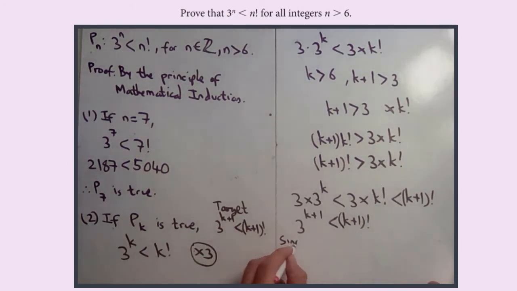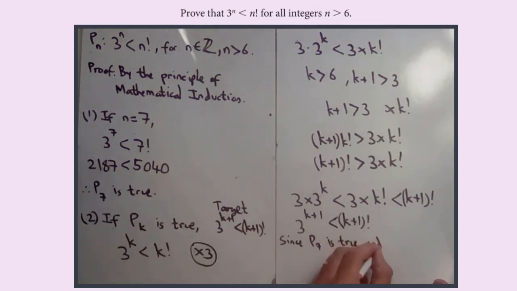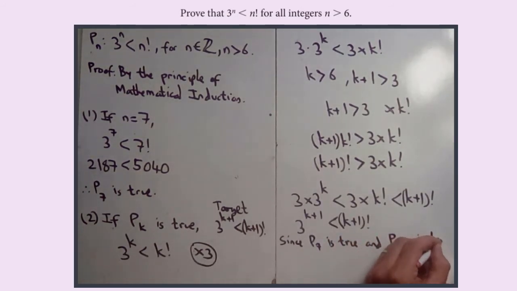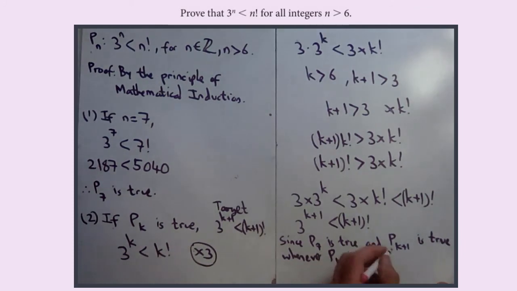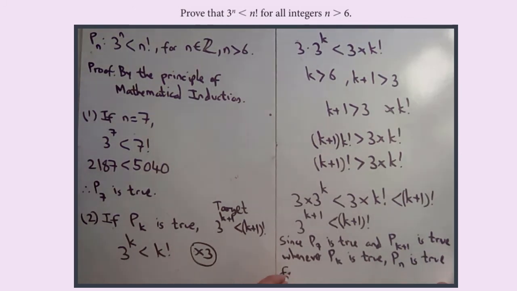So since P7 is true, as was shown in step 1, and Pk plus 1 is true whenever Pk is true, since those things are both the case, Pn is true for all integer n where n is greater than 6.